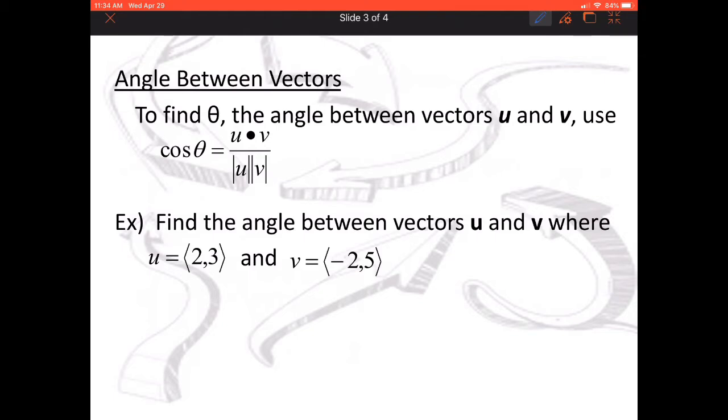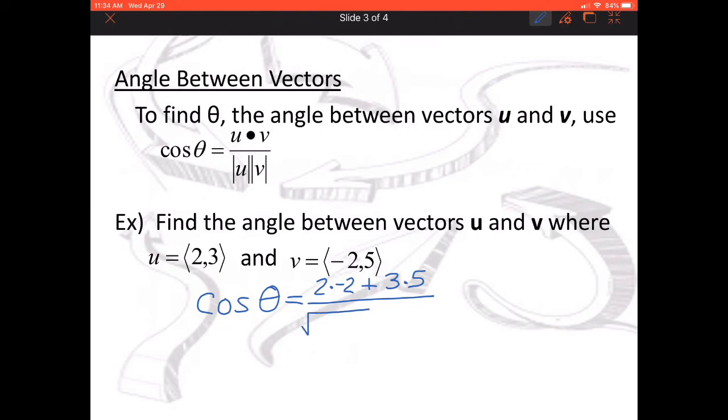So we're going to do the cosine of theta equals, and on the top is the dot product, so we multiply the first components, we multiply the second components, and we add them together, over, now we need to find the magnitude of each vector, and those go on the bottom.